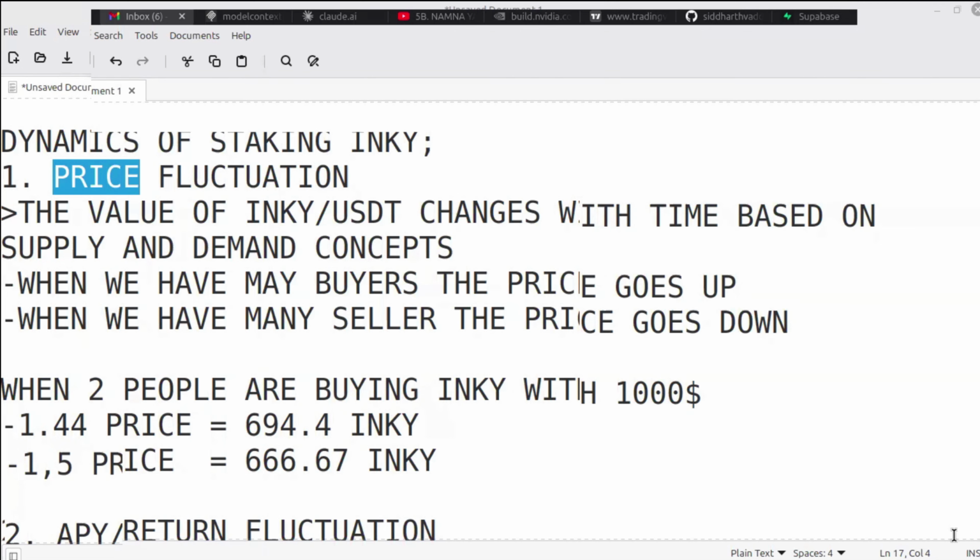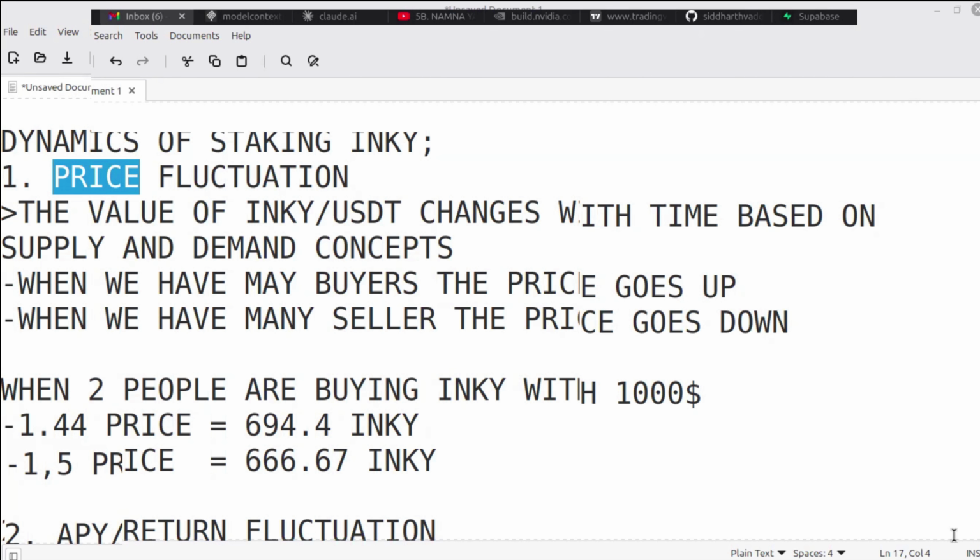Where is it now? You see? So there are dynamics to any business. In the crypto space, especially with Inkryptus, you have those two dynamics, the fluctuation in price and the changes in the APY. Once you know that, it's very easy for you to do your investment.